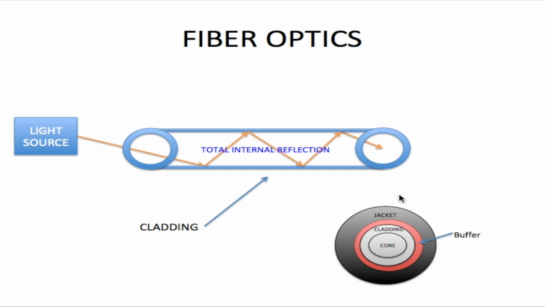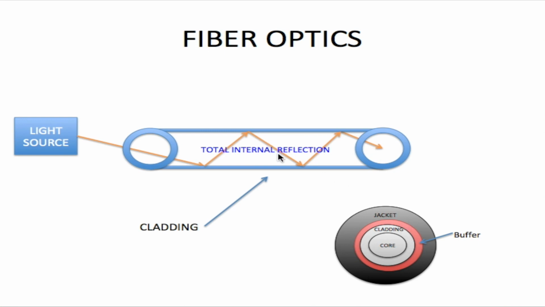This is showing you a bird's eye view of the cable, if you look at the cable from the end. And if your eyesight was good enough, like a bird for instance, this is what you will see, the different layers within this cable that represent the core, the cladding, the buffer, and the jacket.